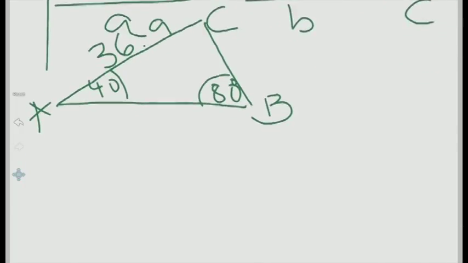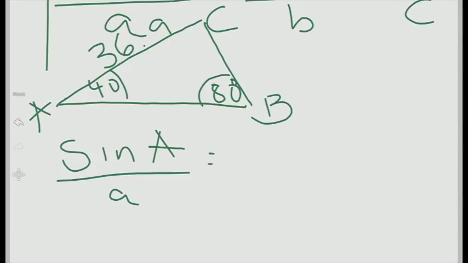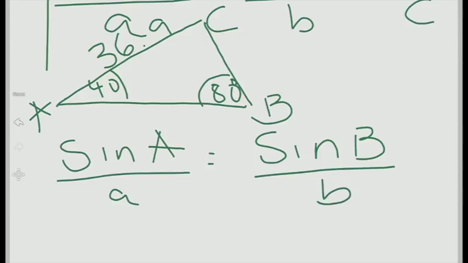So we're going to use sine A over a equals sine B over b. Angle A is 40 degrees, angle B is 80 degrees.